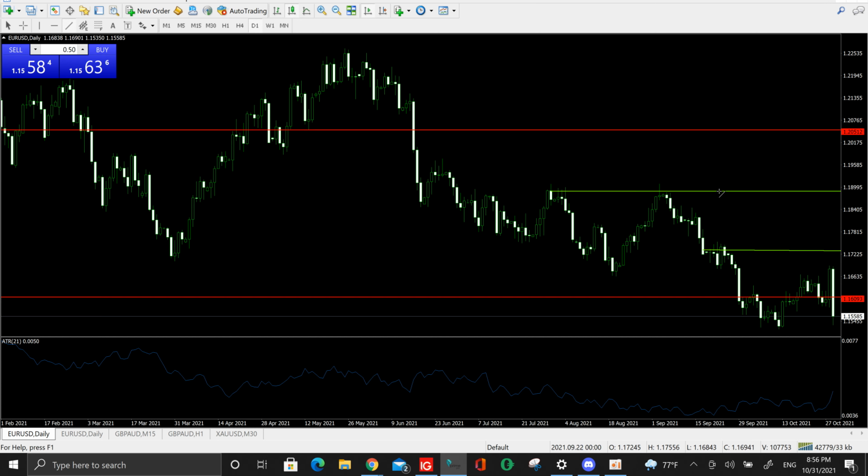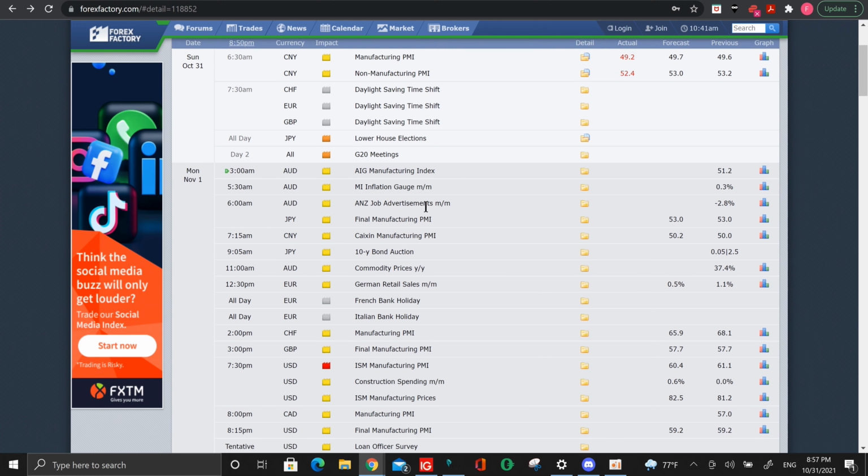So that's where I'll mark this off right here. And at the moment, I do not foresee that happening. I'm going to go into the intraday time frames next to break that down, but we will have to see some sort of bullish momentum pushing Euro USD up, and maybe that might come as a result of the G20 meetings.